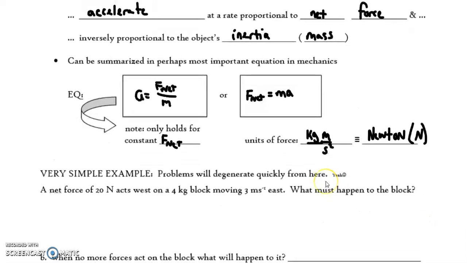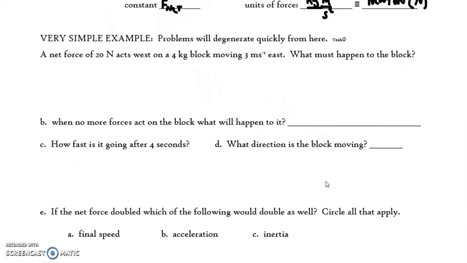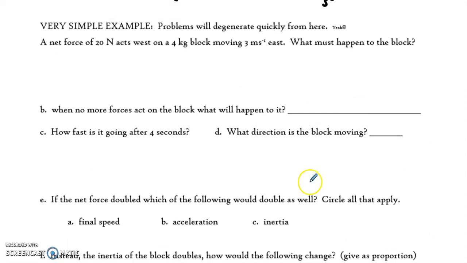So let's look at a couple examples when we have a net force. And we'll definitely talk about much more complicated examples as time goes on. So we have a net force of 20 newtons acting west on a 4 kilogram block moving 3 meters per second east.